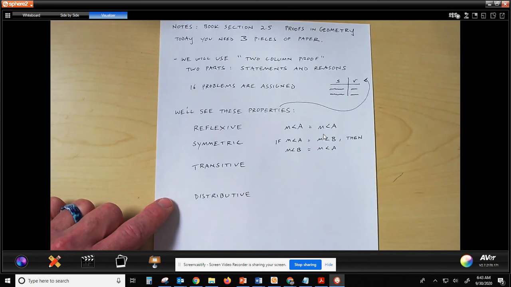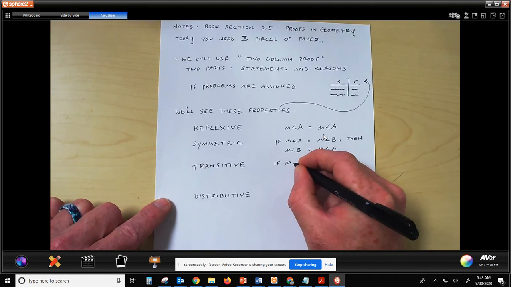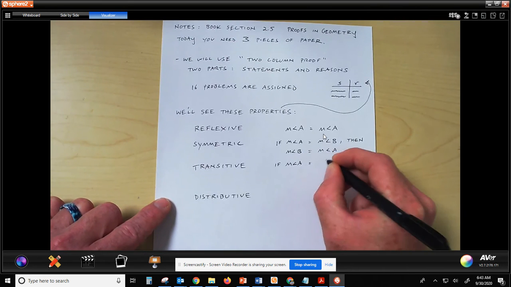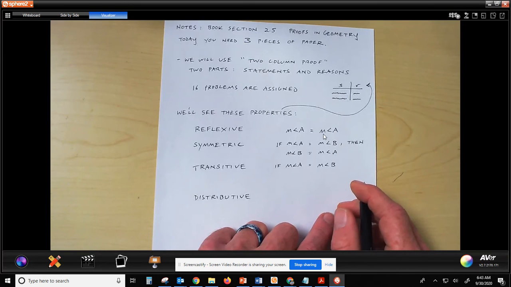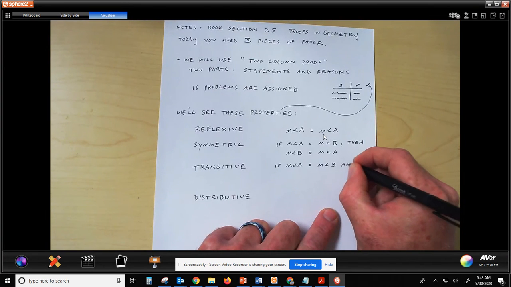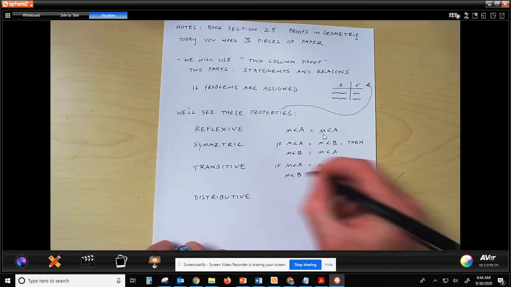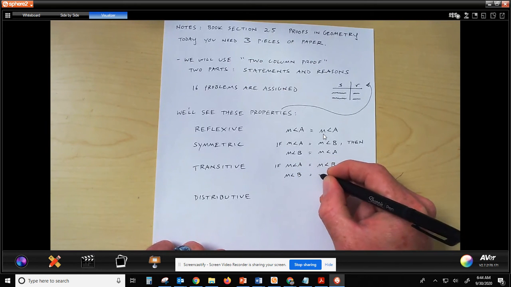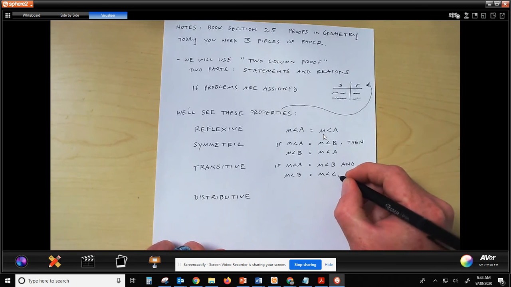The transitive property, if the measure of angle A is equal to the measure of angle B, and the measure of angle B is equal to the measure of angle C, believe me, it's worth writing these things down more than once. It'll help commit it to your memory.